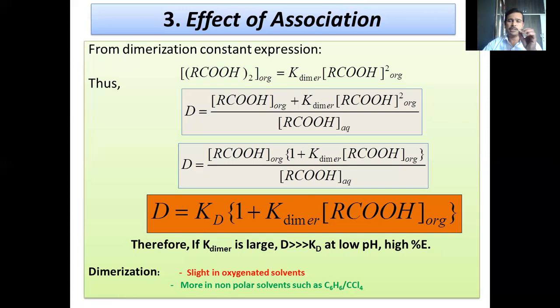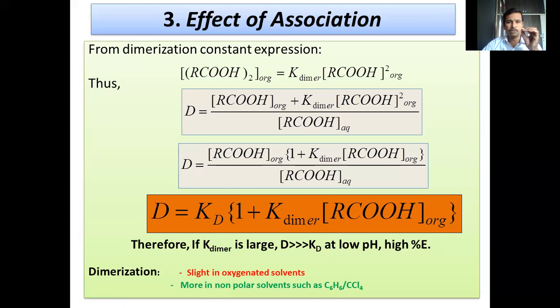So essentially covalent neutral molecules can be extracted with better efficiency, provided the pH of the aqueous solution is monitored appropriately, there is no surplus complexing agent left over in the aqueous layer, and we are not going to use a more polar solvent for the extraction of solute, in order to avoid increasing the chances of association.